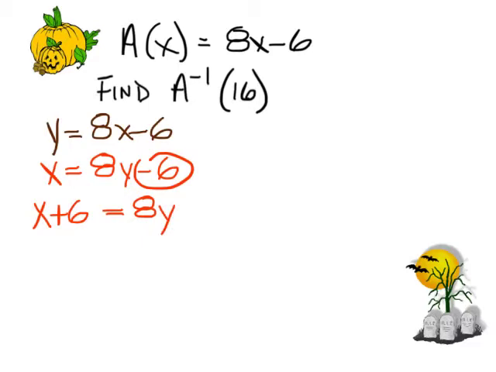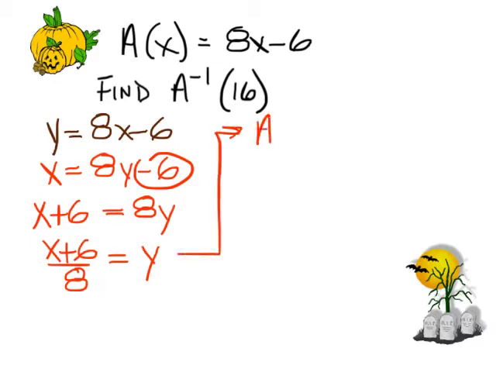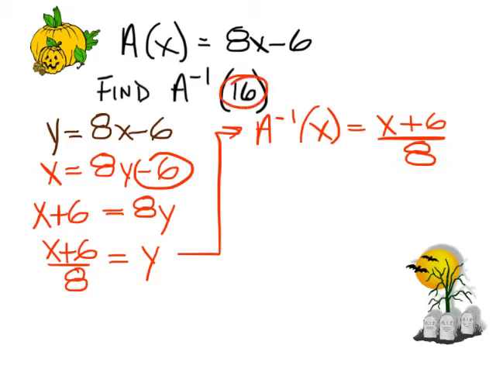And you're left with 8y on the right. Divide both sides by 8, and you're left with this. So now we're going to write it like this. And the problem says to use this. So that's what we will do.